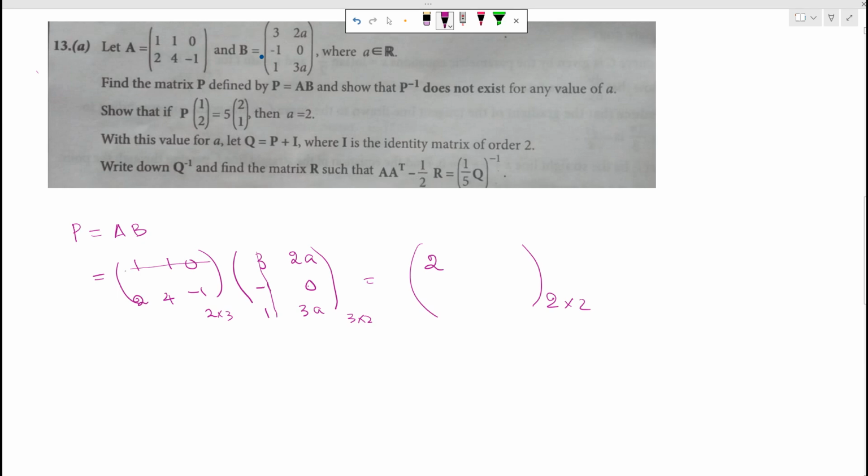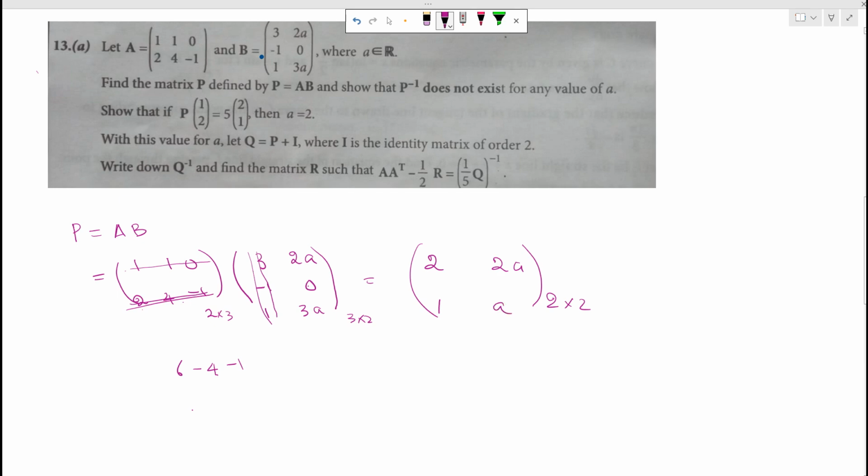You have to just multiply this by this, so 3 minus 1, 2. Then this by this, 2a. Then again this by this, 6 minus 4 minus 1, so 1. Again this by this, 4a minus 3a, a.